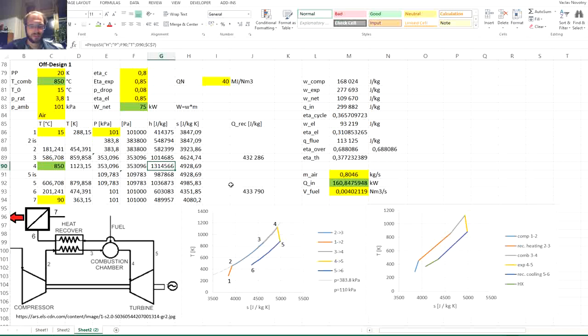So the enthalpy at point 4 will be the enthalpy at point 3 plus the enthalpy difference, and the enthalpy difference is the heat input. We are calculating with basic units, joules per kilogram, so multiplied by 1000 and divided by the mass flow rate.